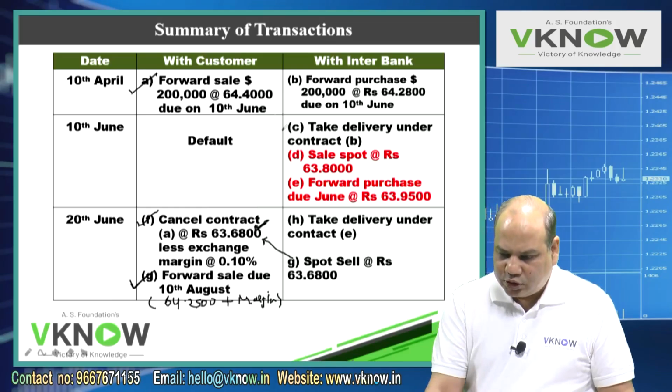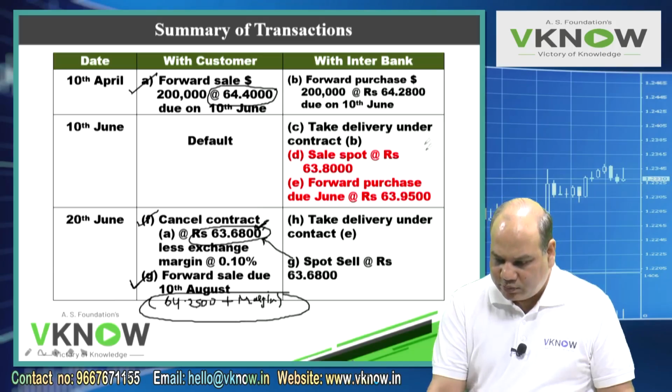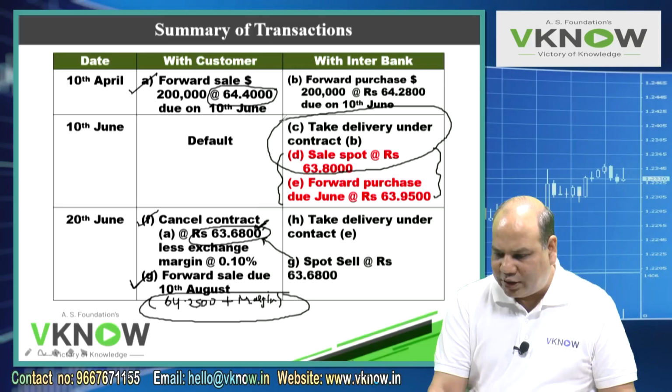So cancellation will be based on original rate and cancellation rate, which is this rate minus 0.10%. New rate will be this rate plus 0.10% margin. Swap loss based on this difference. Interest cost based on C and D difference.